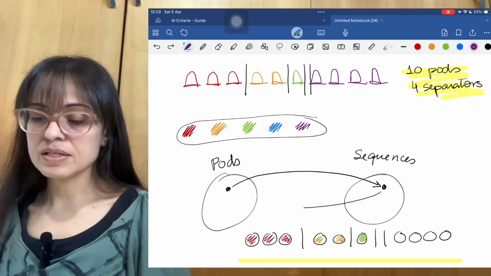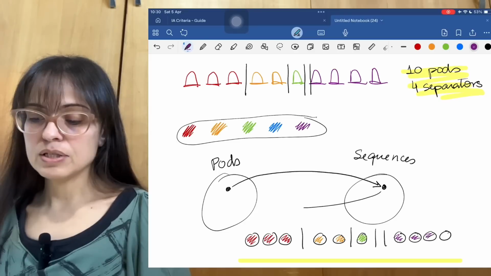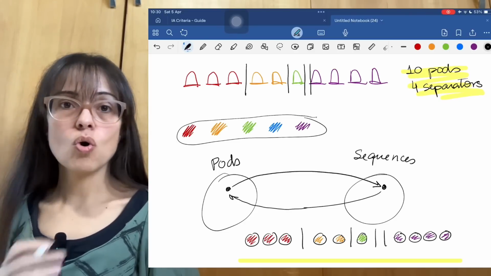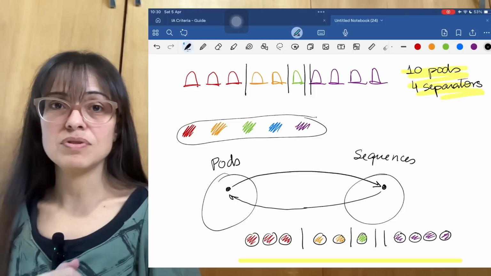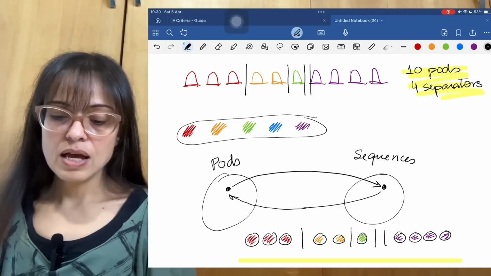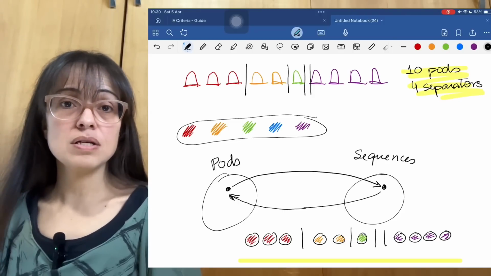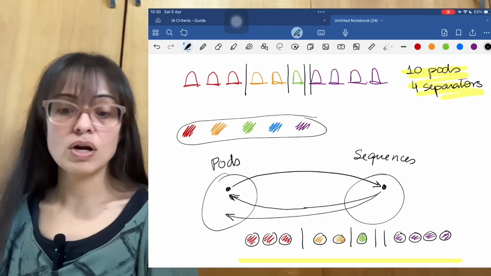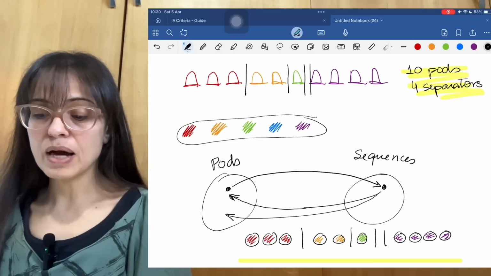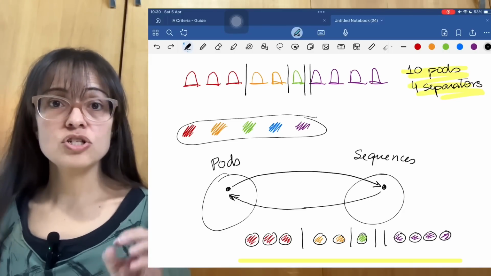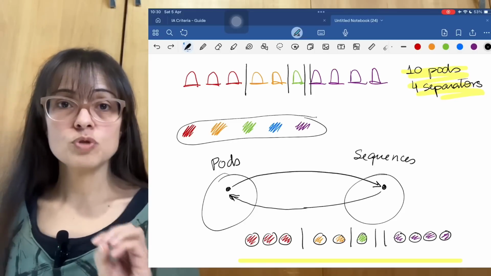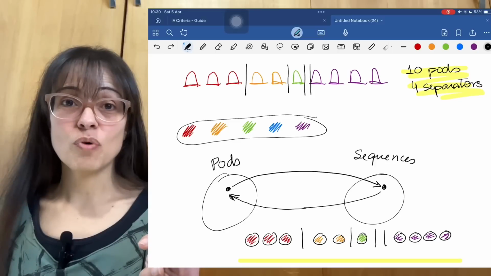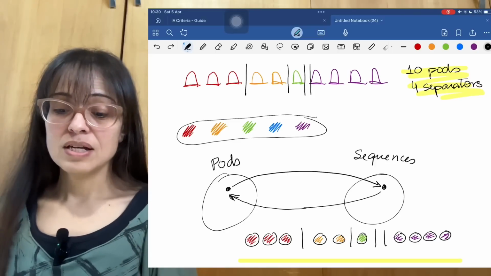And then after the last separator, everybody is purple. So I have now painted the same sequence. I am always able to do that with the sequence and the colors. And whenever I do it to the same sequence, it's going to come up with the same answer. So there's also not 2 arrows going that way. It is a bijection. For each set of pods corresponds a sequence, and for each sequence corresponds a set of pods. So it is a bijection.